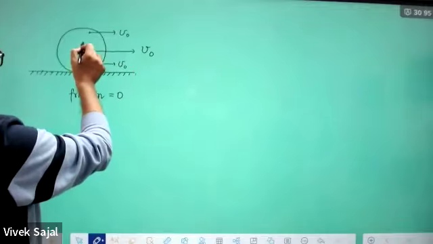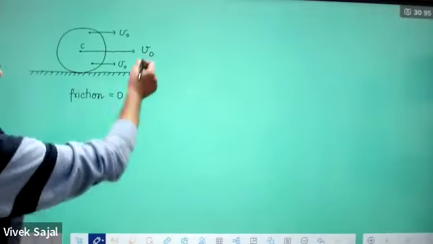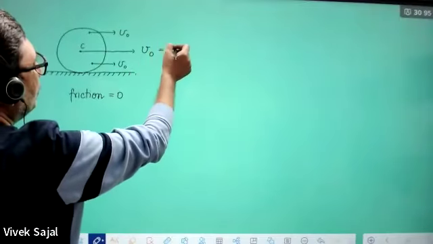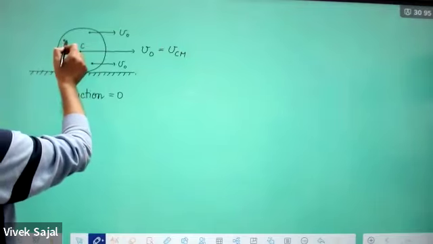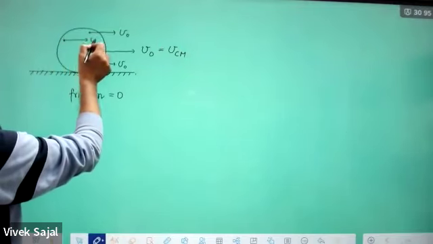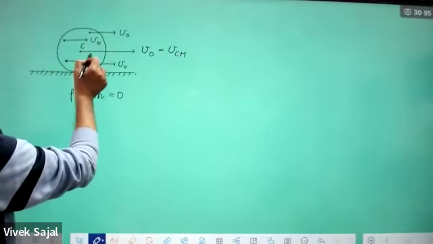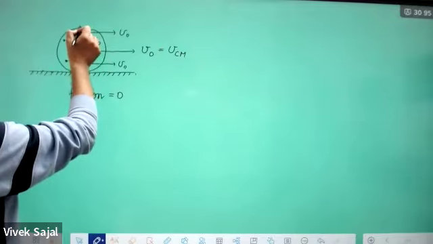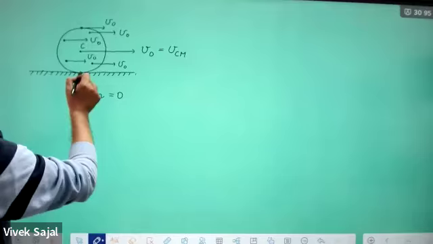This is the center of mass, so the center of mass velocity is vcm. This v naught will be equal to vcm. You can choose any point; this is also moving with v naught, and this is also moving with v naught. Each and every particle you choose here is going to move with the same velocity v naught.